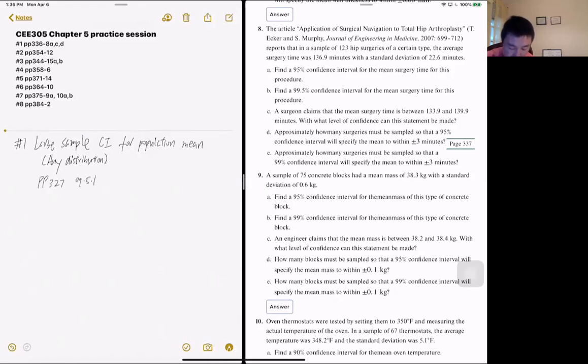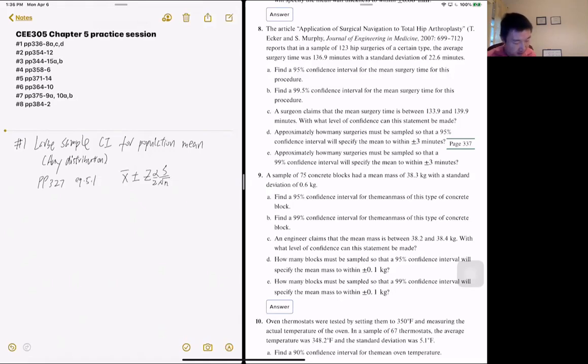I'm going to write down the equation here. The confidence interval is equal to the sample mean plus minus the z value, z half alpha, times s, the sample standard deviation, over square root of n, where n is the sample size.